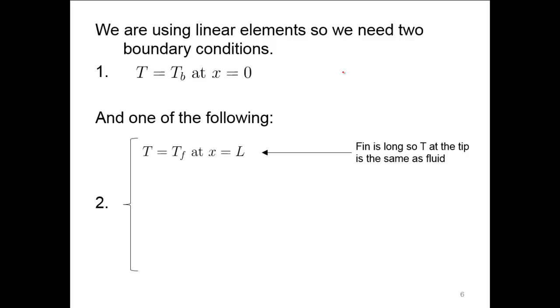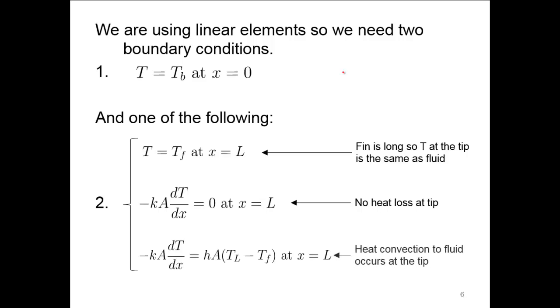It's so long that there's not going to be any additional temperature increase at the tip of the fin. We could also have no heat loss at the tip. So the temperature gradient dT/dx is equal to 0, because K is not going to be 0 and area is not going to be 0. So the temperature gradient at the end of the fin is not going to exist. Basically it would be insulation at the tip.